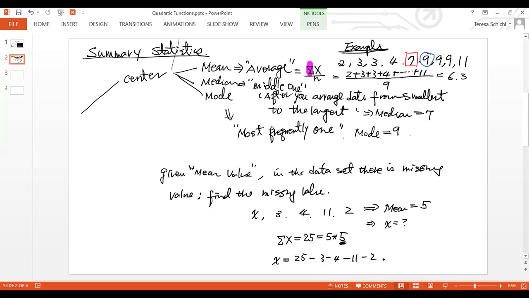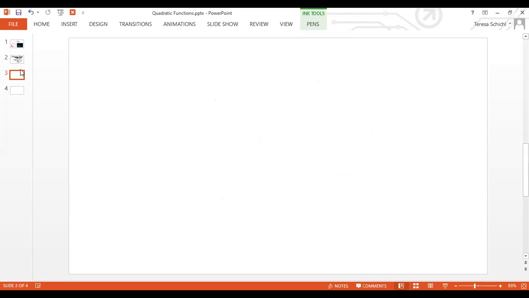So frequently they will want you to use this information. Then for the median, what type of problem will the SAT give you?